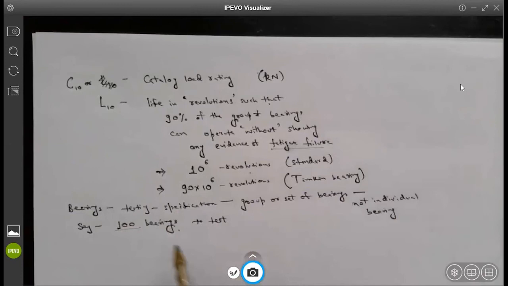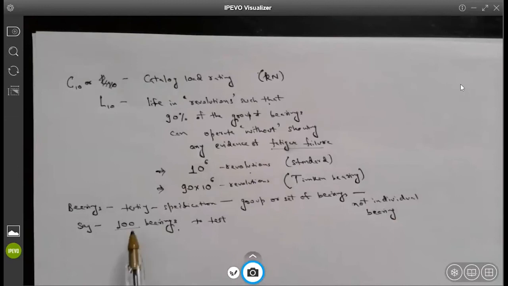So now let's say, for example, there are 100 bearings that I, as a manufacturer, fabricate or have got from my shop floor, or that I, as a designer, use in my assemblies.